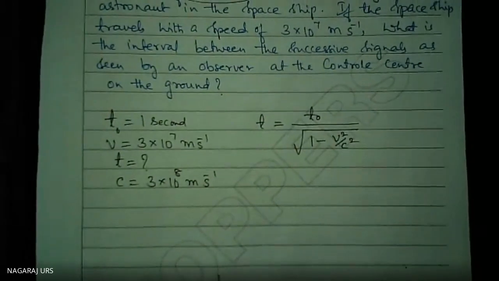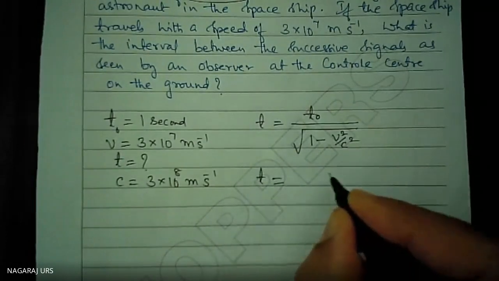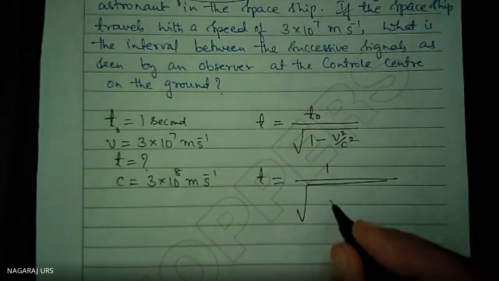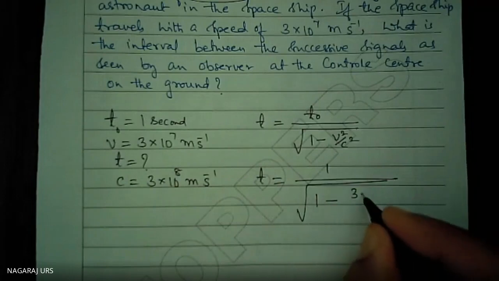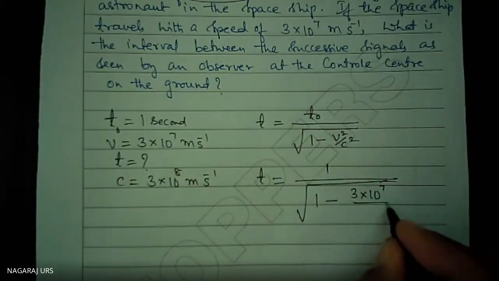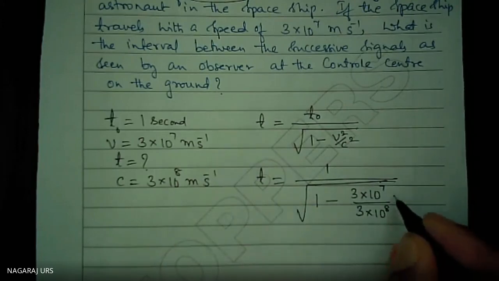Substitute and get the answer. T is equal to 1 divided by square root of 1 minus (3 into 10 to the power 7) divided by (3 into 10 to the power 8) whole square.